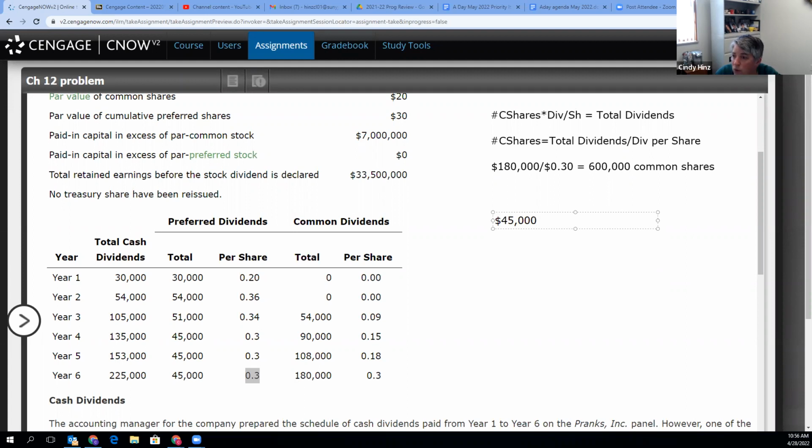So year 4, 5, or 6. $45,000 divided by 30 cents per share tells me we have 150,000 preferred shares outstanding.